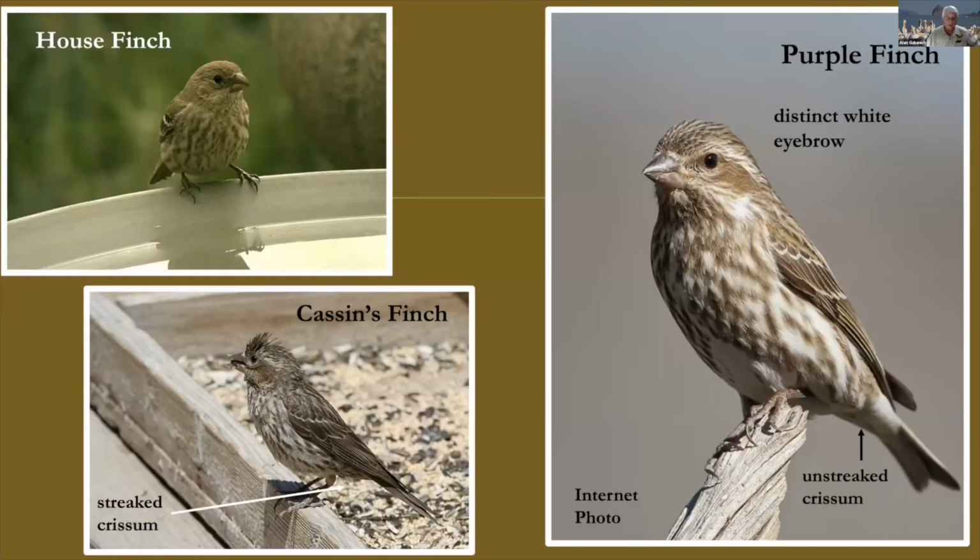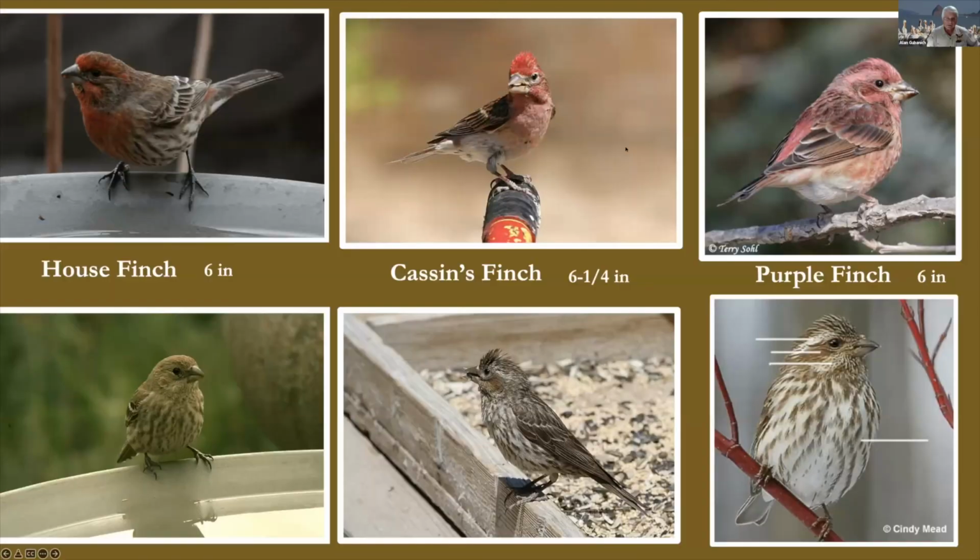So female Cassin's finch here, female house finch there, female purple finch there. Notice the white eyebrow again and this white slash there. Unstreaked crissum, streaked crissums on these two. So there they are. House finch on the left, Cassin's finch in the middle, purple finch on the right.